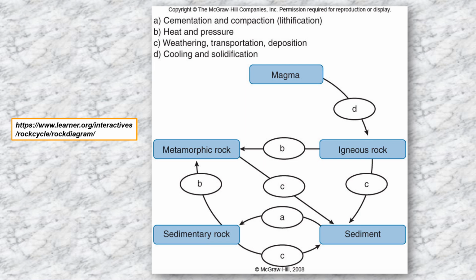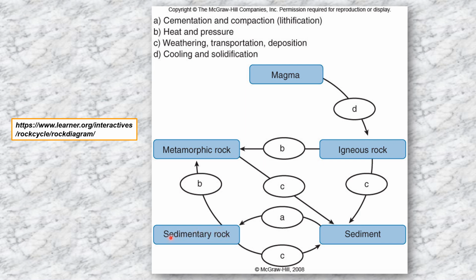Okay, well, can a sedimentary rock turn into a sedimentary rock? Well, if it was a sedimentary rock to begin with, could it still turn into a different type of sedimentary rock? Well, sure. What would the processes be for something like that?